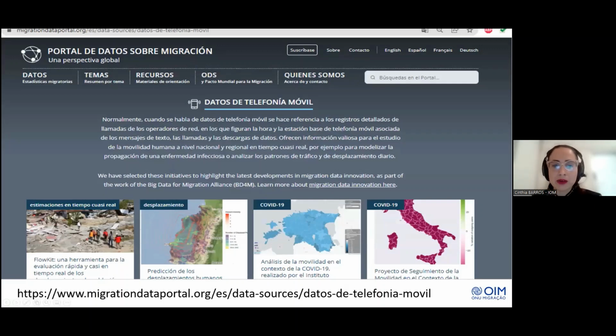Again, on the Migration Data Portal website, we have some examples. Most examples have combined SDR research with other sources. For example, the combination of SDR with satellite data can help to map movements between cross-border communities.